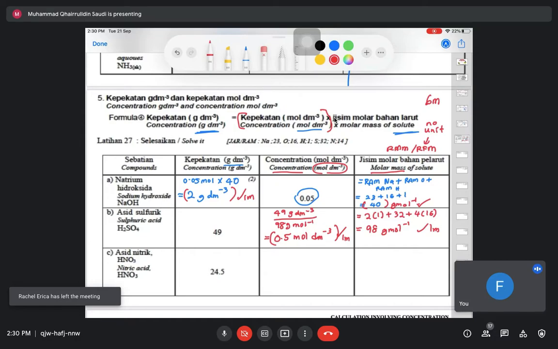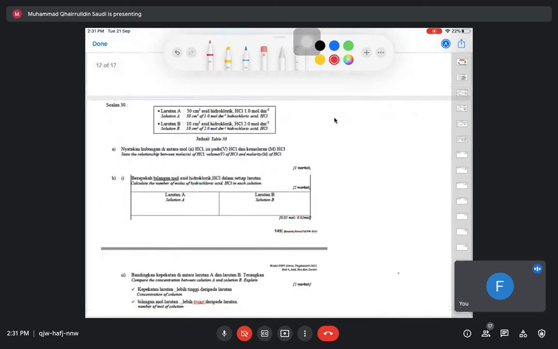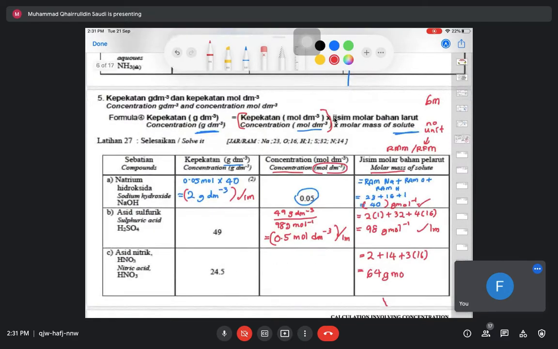Same with the one below, find the molar mass will be 2 plus 14 plus 3 times 16, 14 plus 3 times 16 plus 1, 64 gram per mole. If you get a different answer, please ask. Okay, so this is 1 mark.